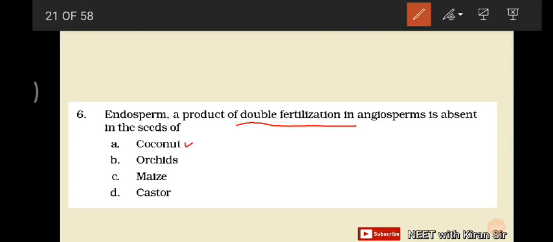In the coconut, the white kernel or flesh, the tender coconut, we call it endosperm. In maize, the finely powdered starch is nothing but endosperm. In castor, they have endosperm, but in the case of orchids, they do not possess any endosperm. So here the right answer is orchids, which do not possess any endosperm.